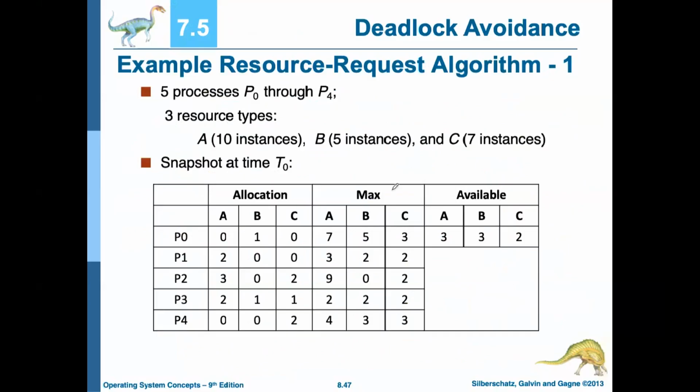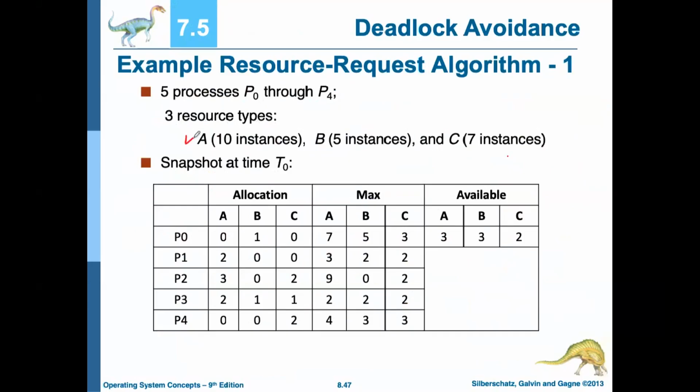Example of the resource request algorithm. We have five processes, P0 to P4, and three resource types. We want to double check the same thing for the resource request algorithm.